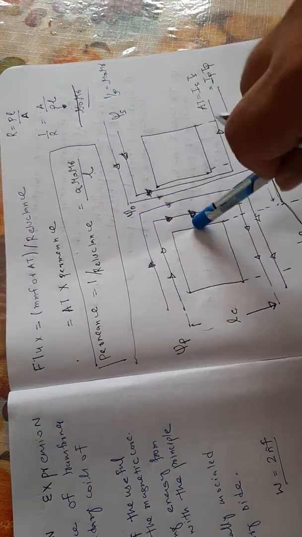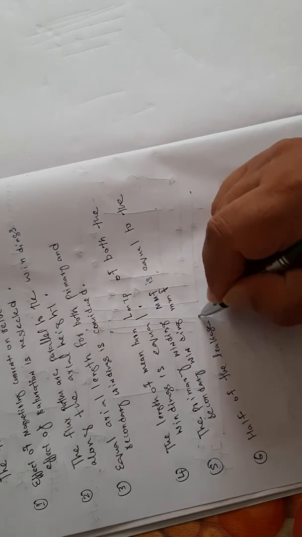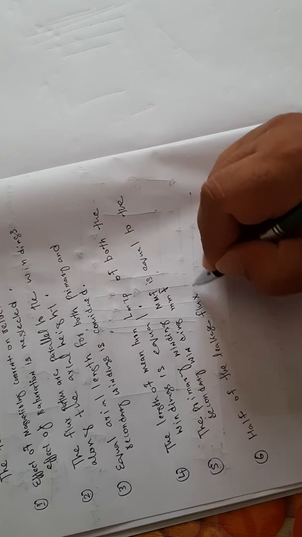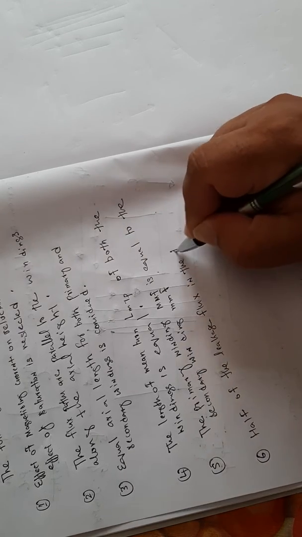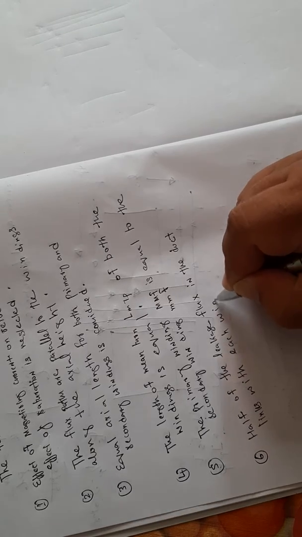So half of the leakage flux in the duct links with each winding.